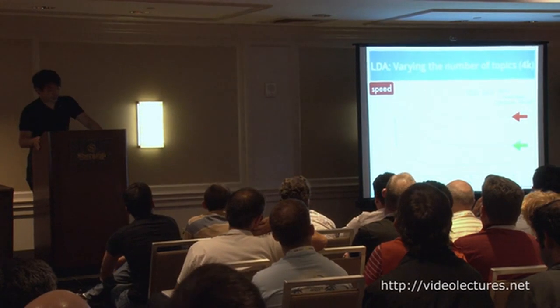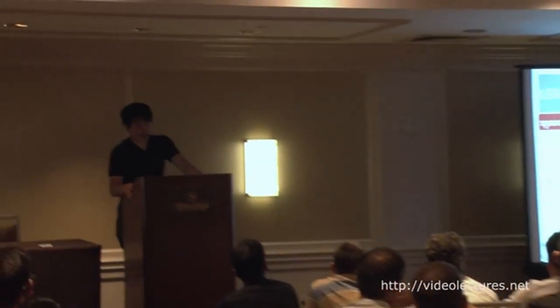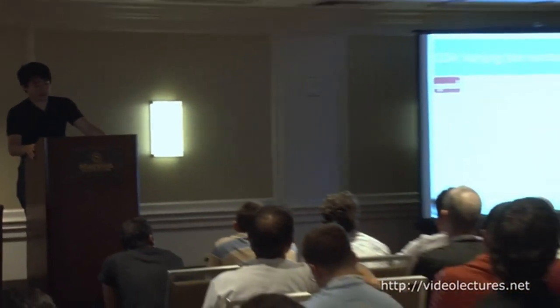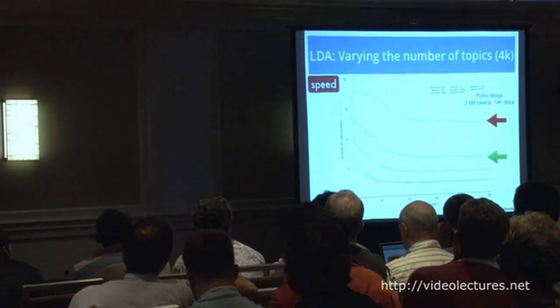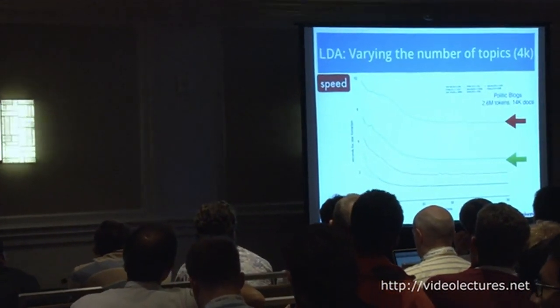The first result is between sparse LDA and alias LDA. We vary the number of topics. We compare the running time against the number of iterations with different numbers of topics. The solid lines are the running time of sparse LDA, and the dotted lines are for alias LDA. When the number of topics is 256, they are at the bottom.